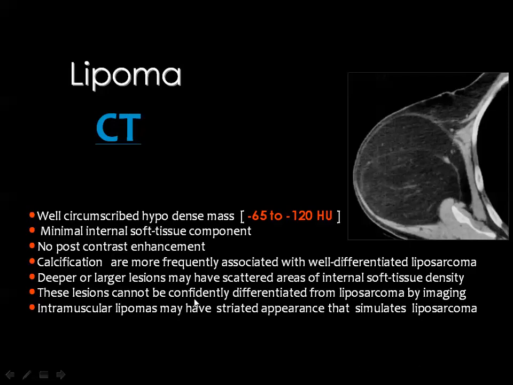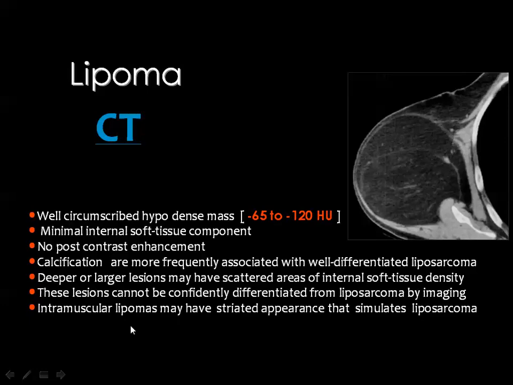The lesions cannot be confidently differentiated from liposarcoma by imaging. You know that well-differentiated liposarcoma looks exactly like lipoma. So if you see a fat-containing lesion in the thigh or in the retroperitoneum, even if it is totally formed of fat, you should exclude the possibility of liposarcoma, of course, by biopsy.